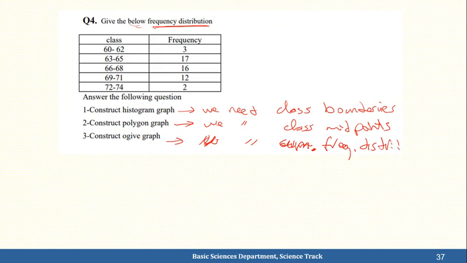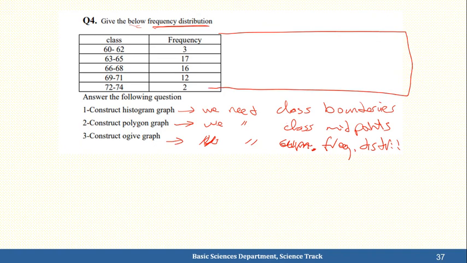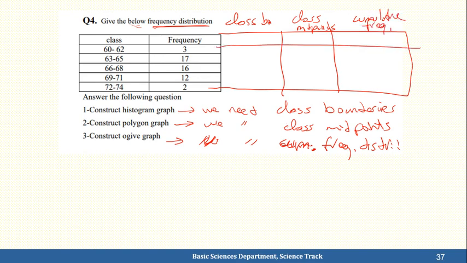Now let's do them. I will put here the class boundaries, and then class midpoints, and then the cumulative frequencies. What are they? The class boundary for this one is 59.5 and 62.5, and for this one 62.5 and 65.5.